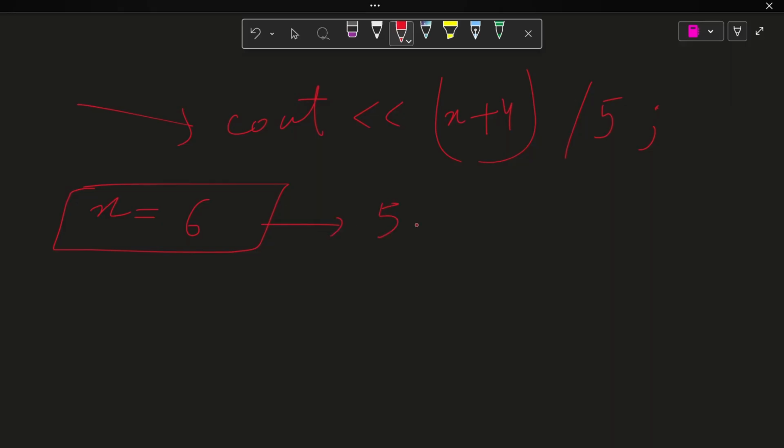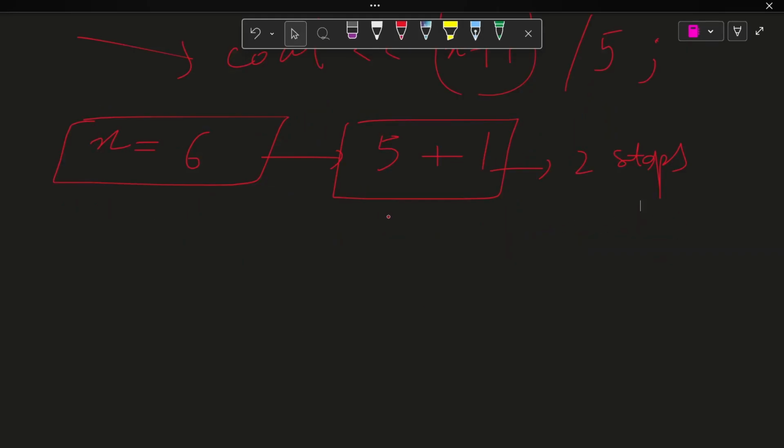First, it will cover 5, then it will cover one more step. So two steps. So now by the above formula, you can see that 6 plus 4 is 10, and 10 divided by 5 is equal to 2.